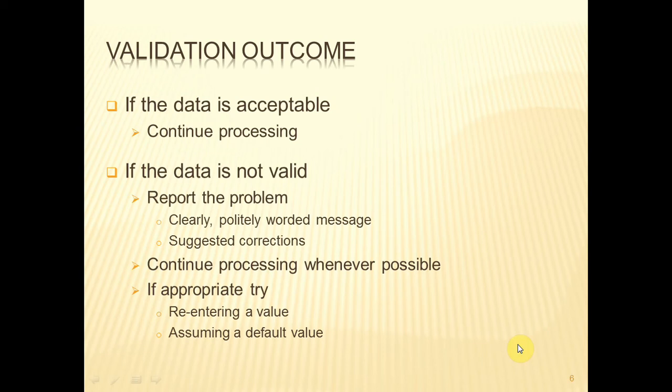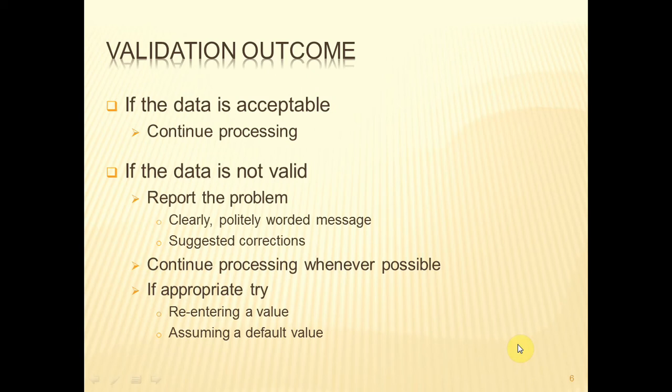So my advice to you is, even when you're testing and developing, make sure that your messages are clear and polite from the beginning. And if possible, you should also suggest corrections so that we, the users, can identify clearly what the problem is and what they should do about it. If possible, continue processing. Don't just stop for any old reason. Continue processing wherever possible.